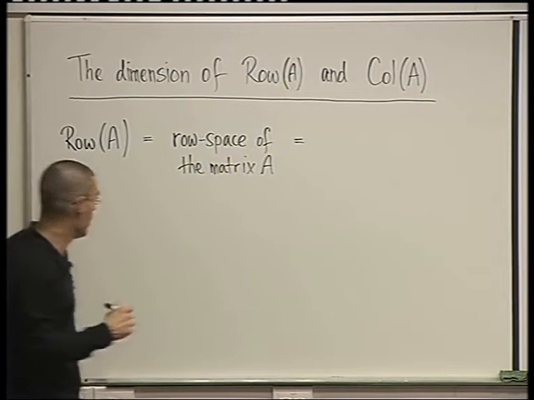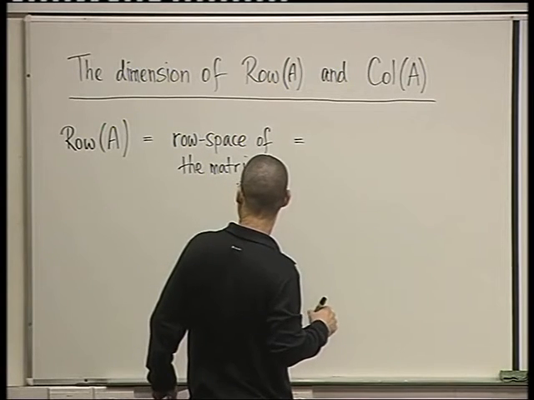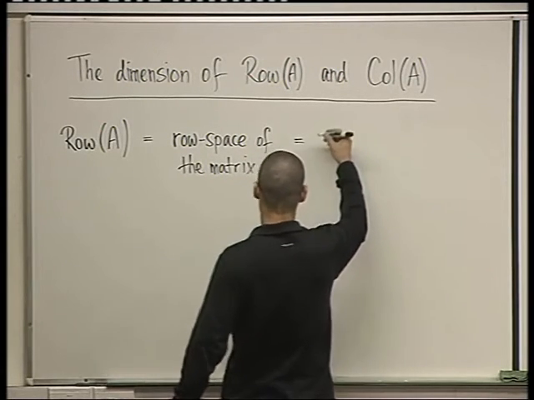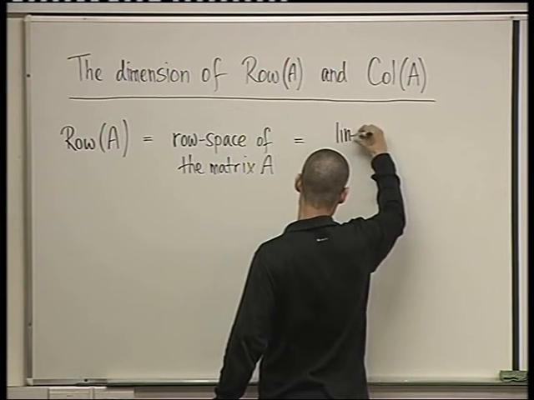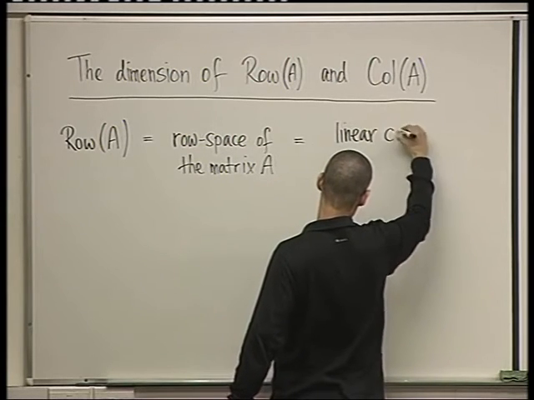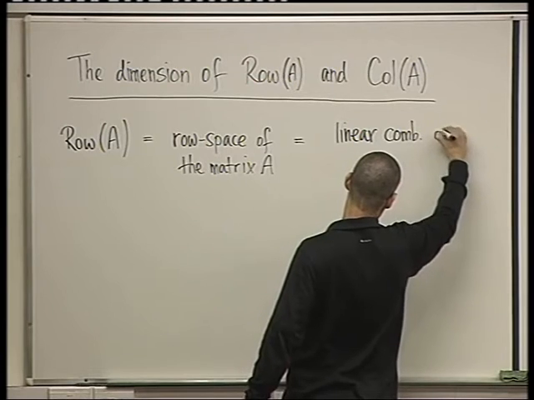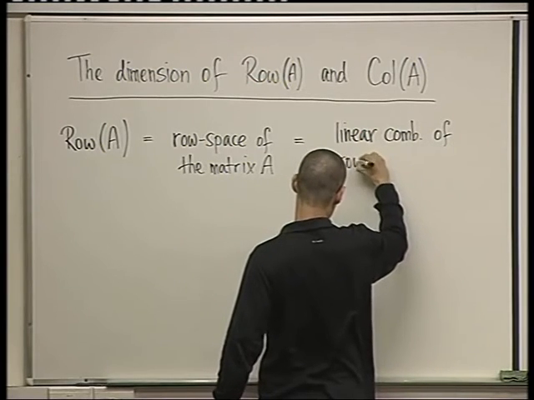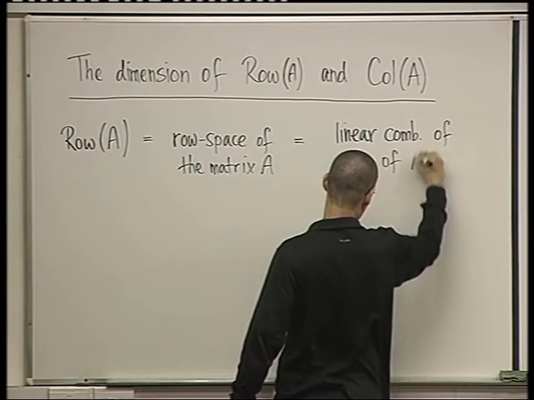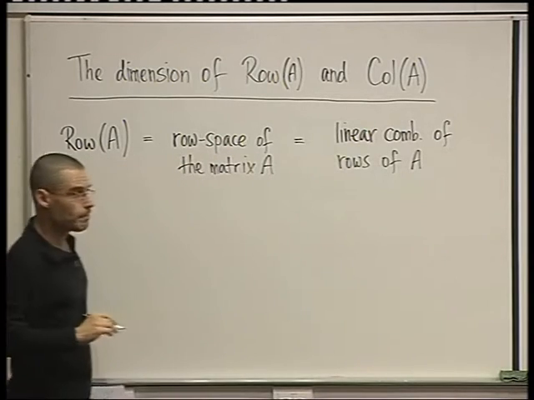Are the terms already clear? Okay, so let's write it. Linear combinations of rows of A. Okay?